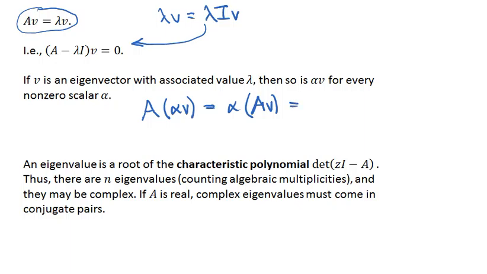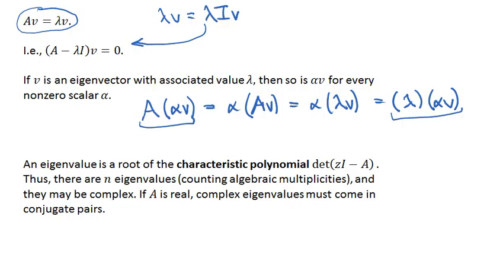Then since v is an eigenvector, we have lambda v inside, and you regroup that into lambda times alpha v. Again, alpha being a scalar, it moves around wherever it likes. That shows that A times alpha v is equal to lambda times alpha v, so it's still an eigenvector.